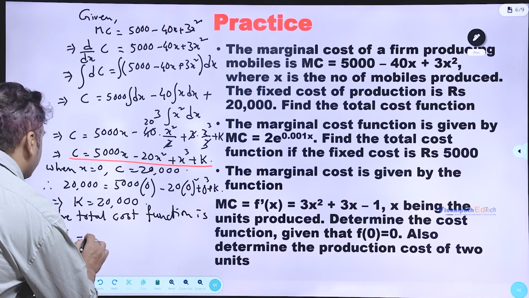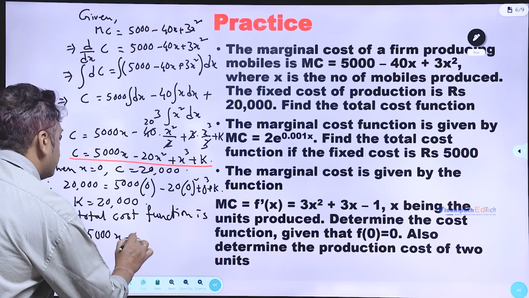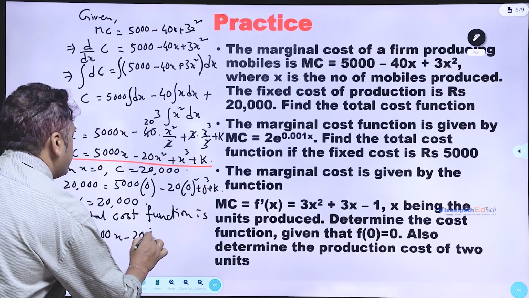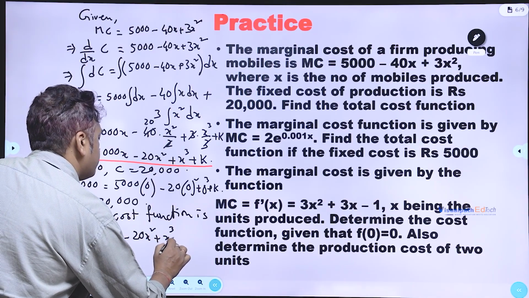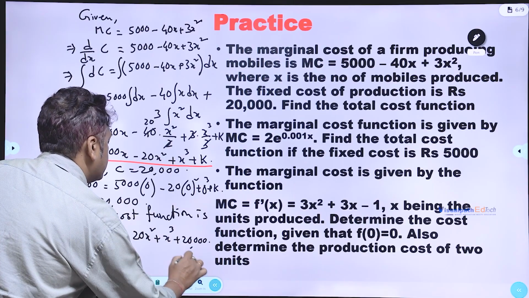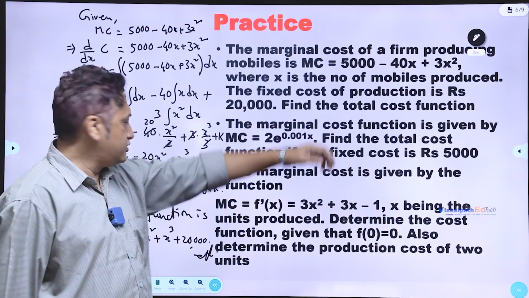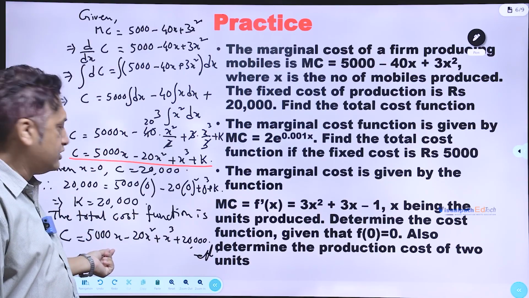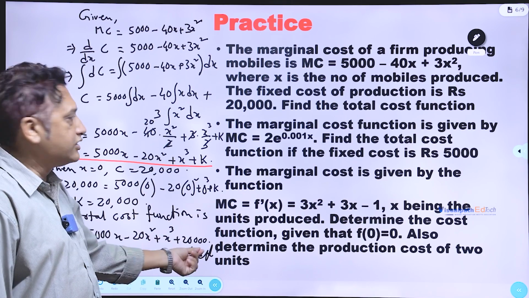So we get 5000x - 20x squared + x cubed + 20,000. That is our answer. So we got the total cost function as 5000x - 20x squared + x cubed + 20,000.